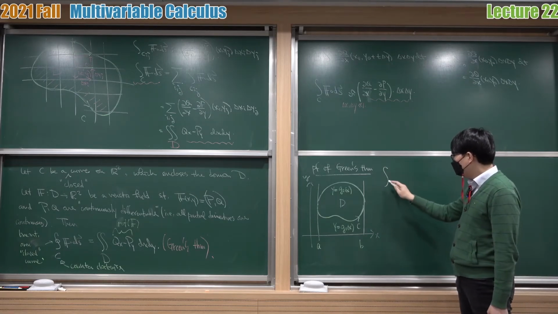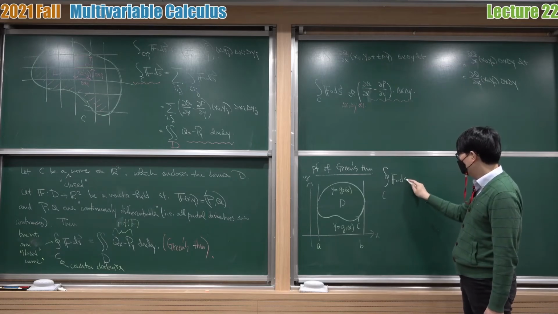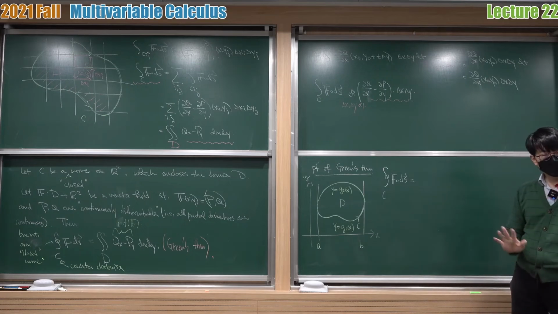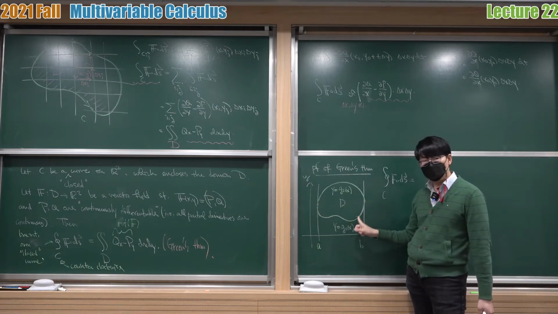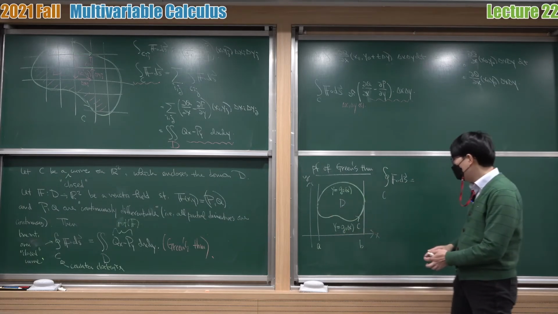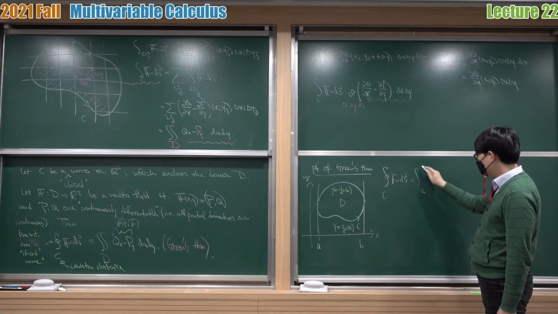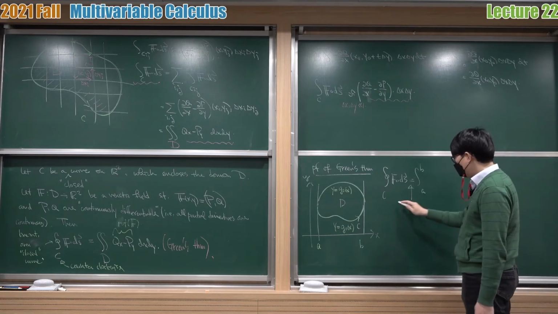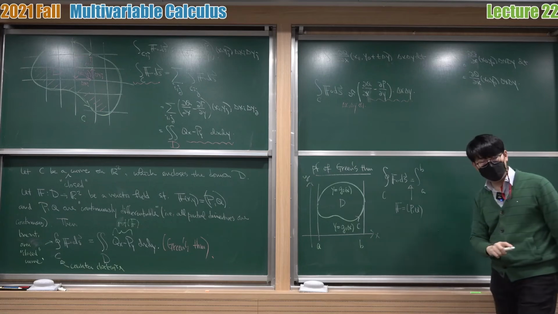Okay. Let's try to compute a vector field over this curve. First part is to find the line integration over the lower border of this curve. So I'm going to move my x from a to b, assuming that my F is two-dimensional, whose coordinate functions are P and Q, as always.